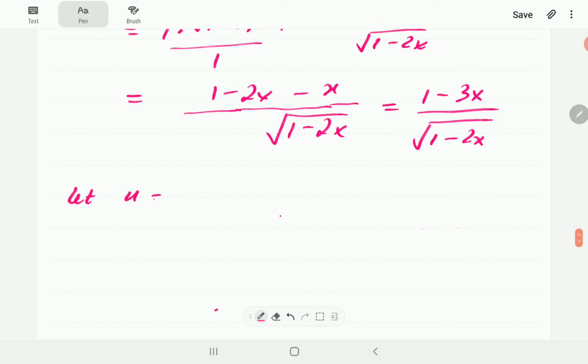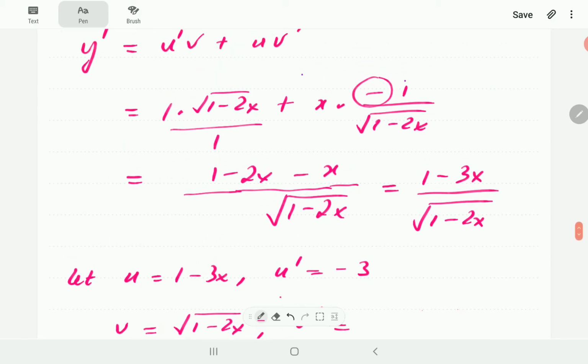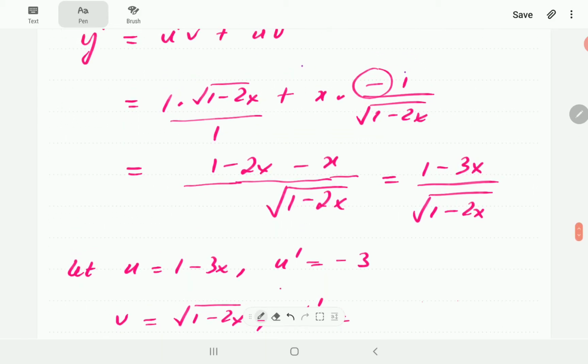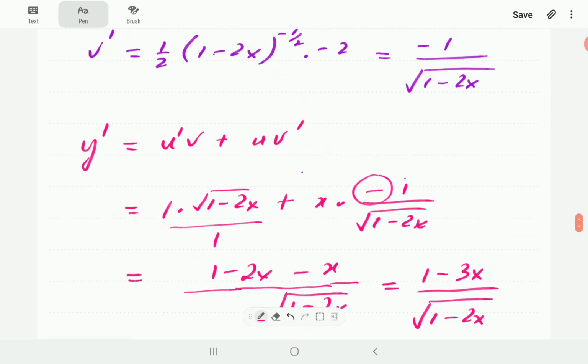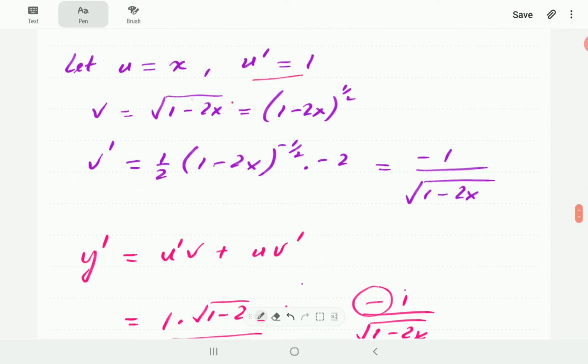So in the quotient rule, we're going to let u be 1 minus 3x, so u prime is going to be minus 3. We're going to let v be the square root of 1 minus 2x. Now notice that fortunately we have already done the derivative of the square root of 1 minus 2x.